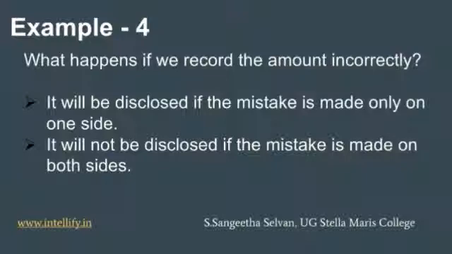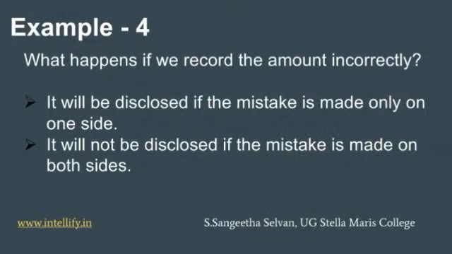Now let us move to the next example. What happens if the recorded amount is incorrect? As I said in the first example, there are two options. If the error is made only on one side, then it will be disclosed. For example, let us imagine a different transaction wherein we have sold goods for 1000 on credit.